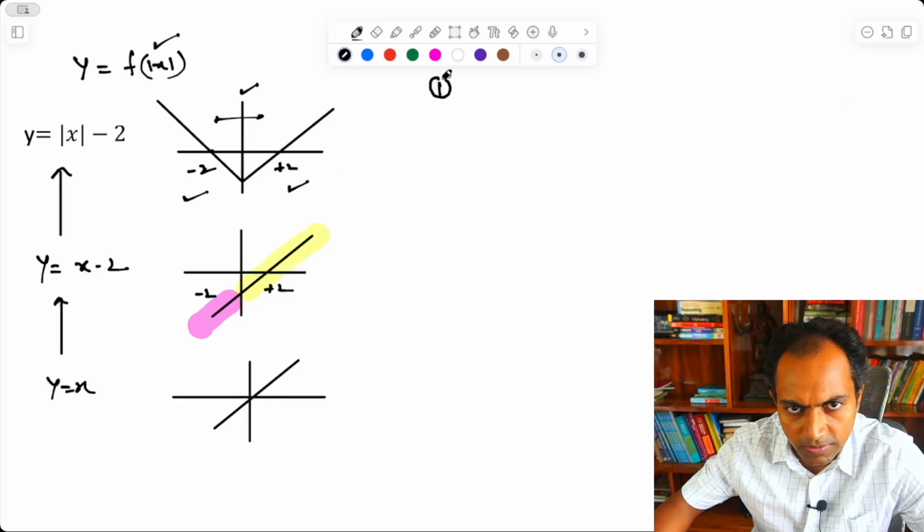In the first step, you are going to draw the graph of y is equal to f(x) without the modulus sign.